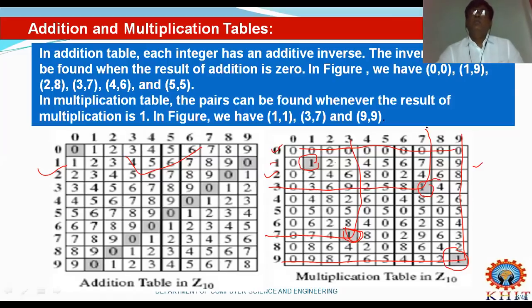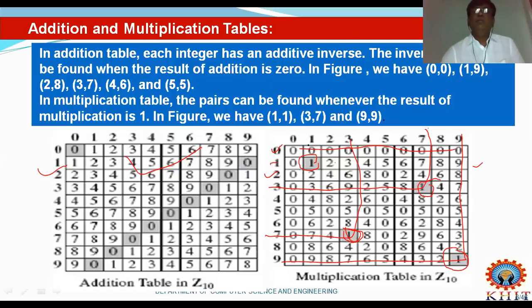So one of the important things is, as per the addition table, every number has an additive inverse in Zn. But as per the multiplication table, not all numbers have the multiplicative inverse. Only a few integers have multiplicative inverses.